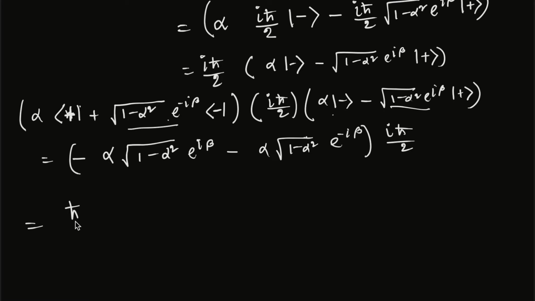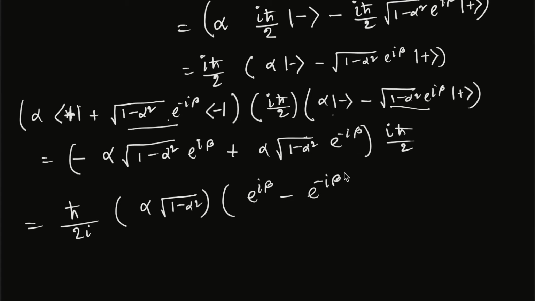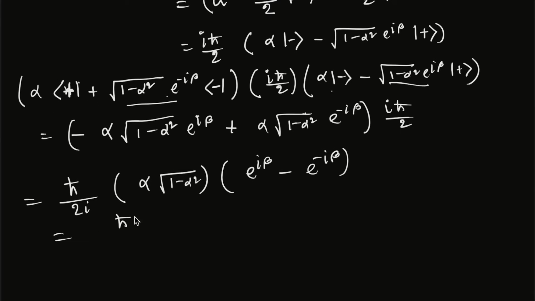So this means h cut by 2i, this is plus, this will be plus. So that means alpha root over 1 minus alpha square into e to the power i beta minus e to the power minus i beta, which will be h cut by 2, h cut, there will be no 2, so that means h cut alpha root over 1 minus alpha square, this by 2i will be sine beta.